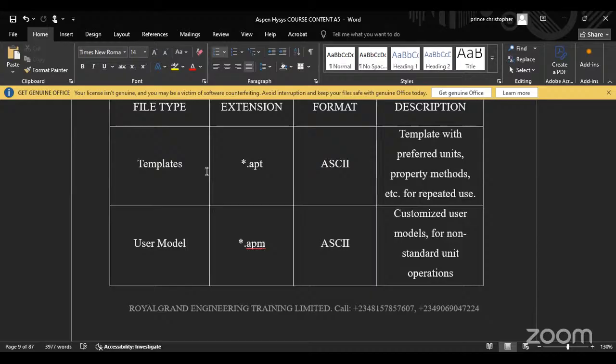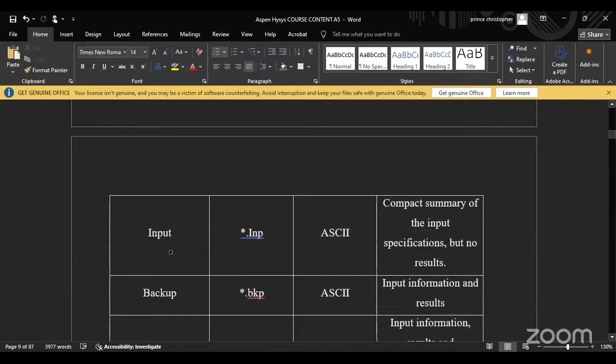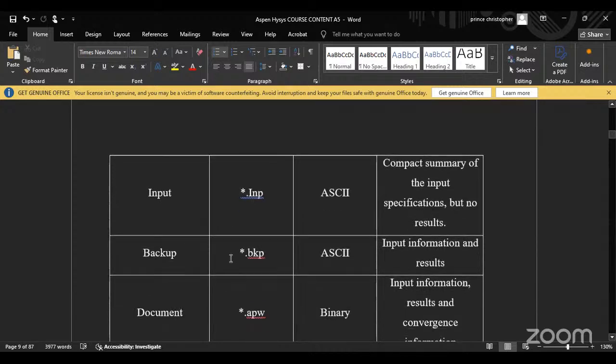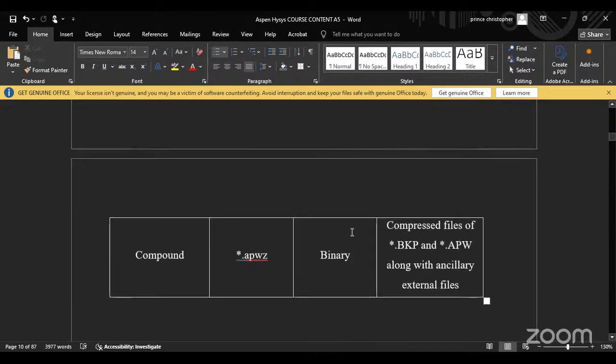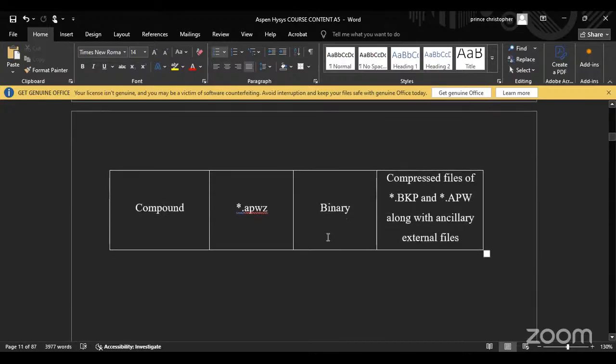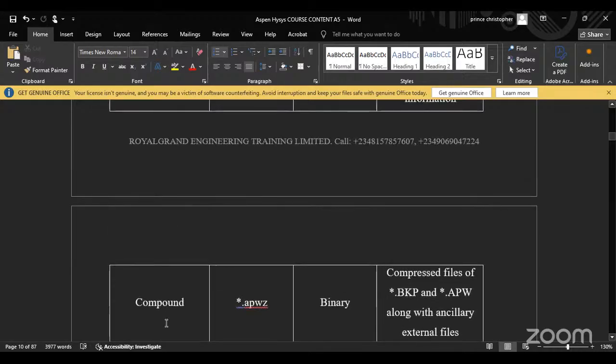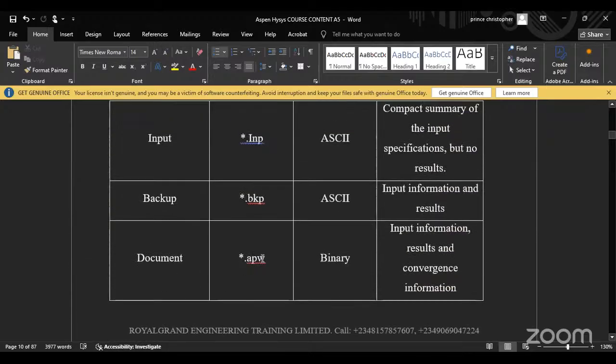The one that is embedded in Aspen Hysys, these are system files. The user model ones are templates that were customized by the user. We also have input, backup and documents. We also have compound. Most of the time, your files will be saved in APWZ or APW.